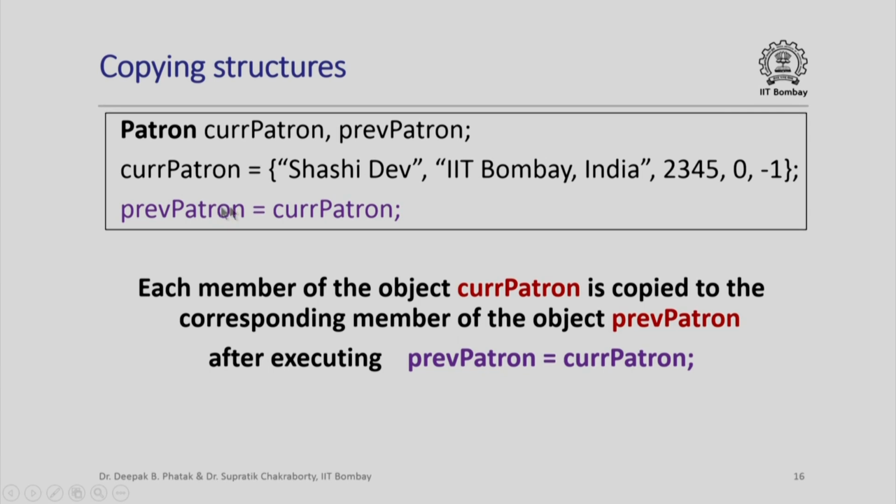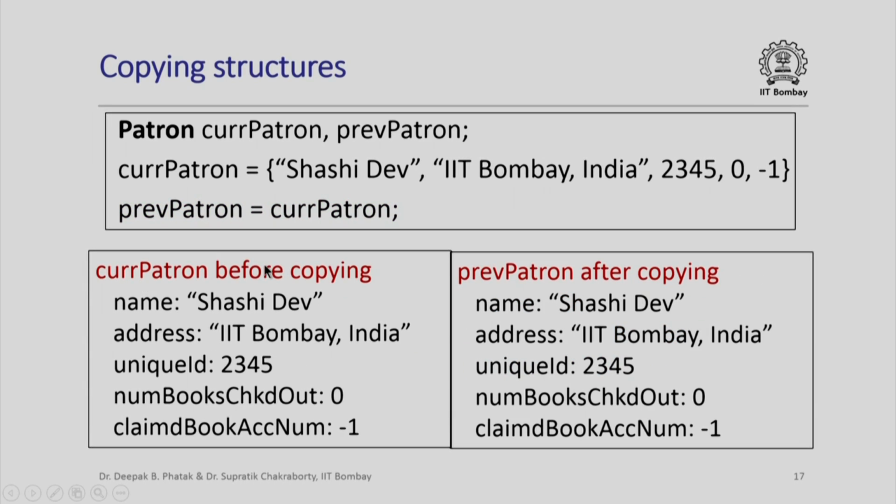So what this assignment statement will do is, each member of the object current pattern will be copied to the corresponding member of the object previous pattern as a result of executing this assignment statement. So if current pattern before copying had these values for its different members, prev pattern after copying will have exactly the same values for the corresponding members.